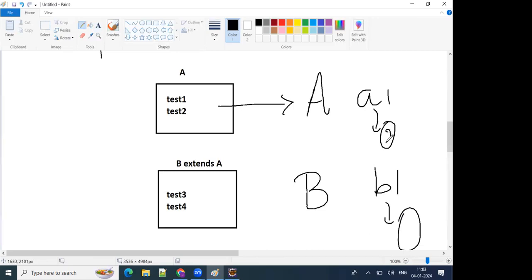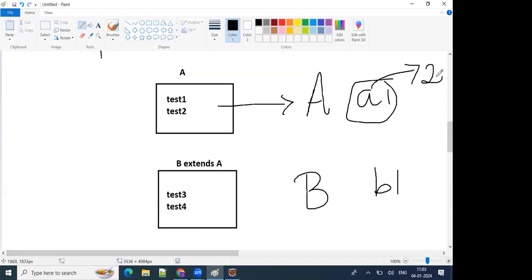A1 can hold two members, B1 can hold four members. A1 reference can hold how many members? Two, test1 and test2. For which is the capacity more? Subclass reference. Correct.